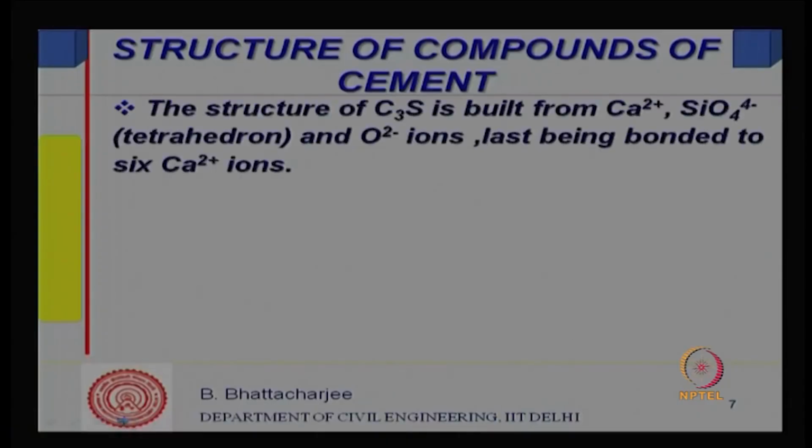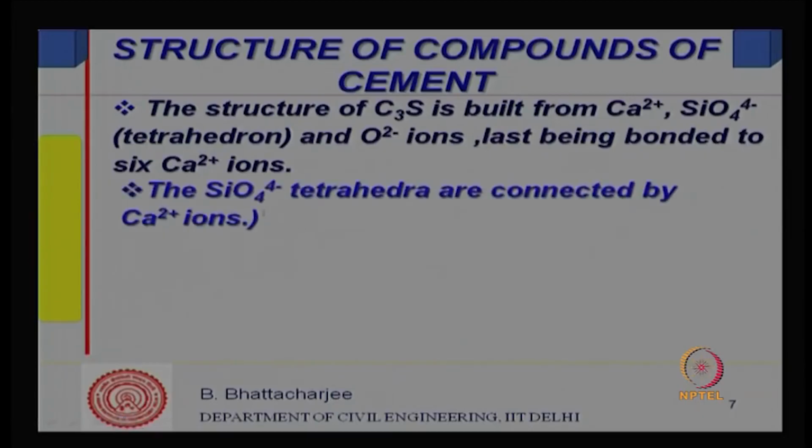The structure of compounds of cement. C3S is built up from calcium ion, SiO4 ion, tetrahedron, orthosilicate as it is called, and oxygen ions. These oxygen ions are bonded to 6 calcium ions like this.